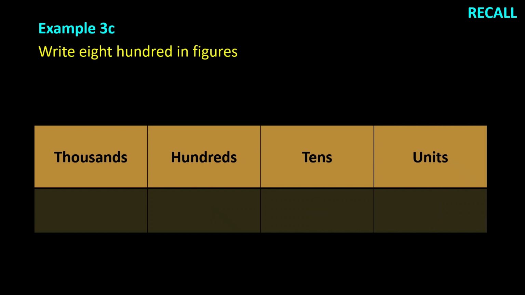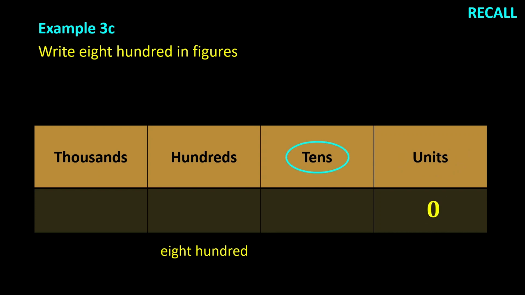Now for another example, we're going to write 800 in figures. Again, let's split this number up. Since it is so simple, we can only split it up in one way, just 800. Notice that there are no tens and no units.